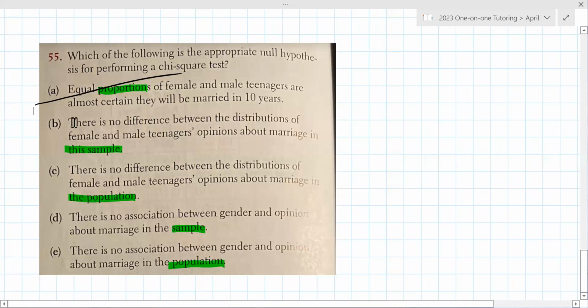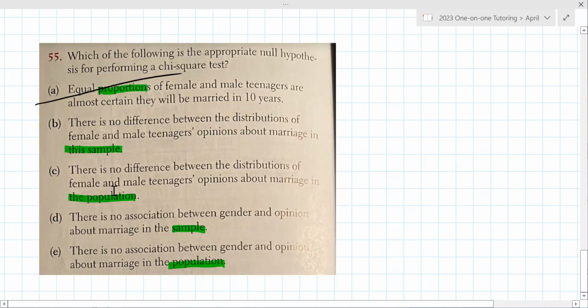The next, B and C, D and E. Having taught some test prep classes, I know that when they write these, there's one word that's different here. You've got to decide whether the null hypothesis is on the sample or the population, because that will eliminate two of the answers.